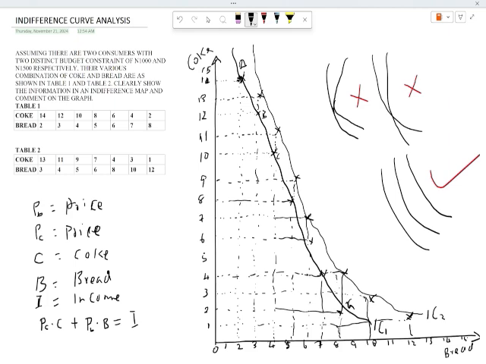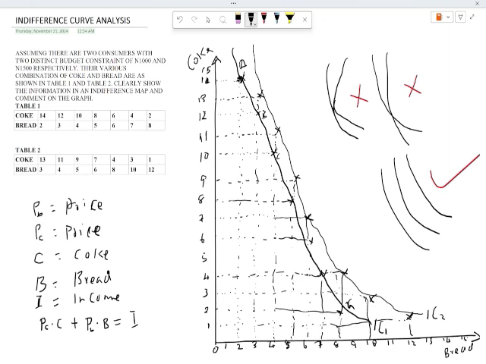The individual is what? Satisfied. It's indifferent if you decide to take 14 Coke and 2 bread. The individual is what? Is indifferent. The satisfaction remains unchanged.